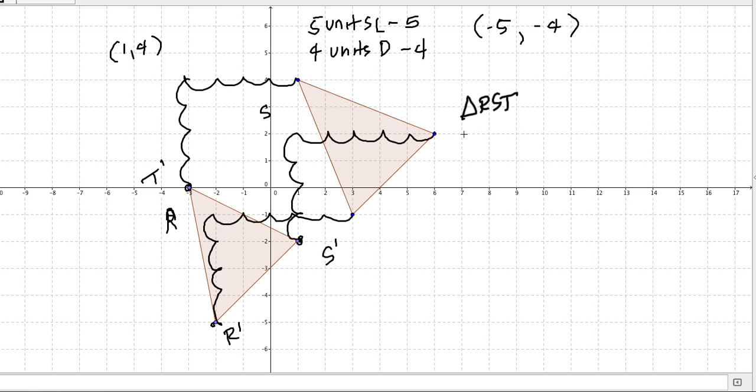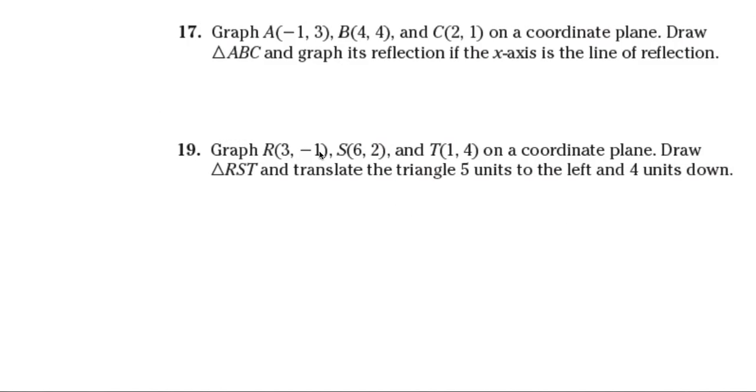Now if you want to find out how to do this without all that jumping around in the coordinate plane, all you need to do is get the coordinates. In this case the coordinates of R are 3, -1.